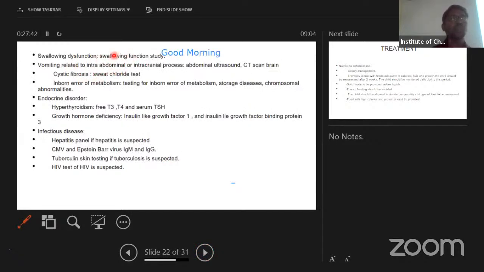Swallowing function study to rule out any swallowing dysfunction.